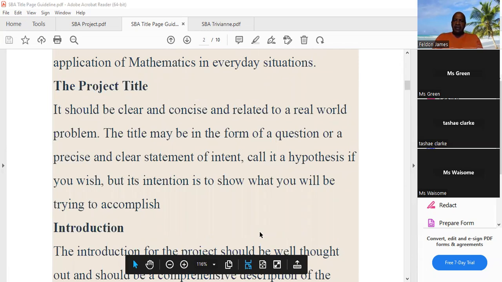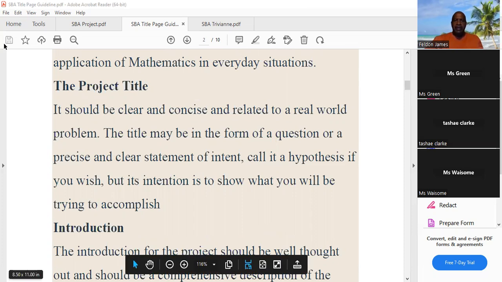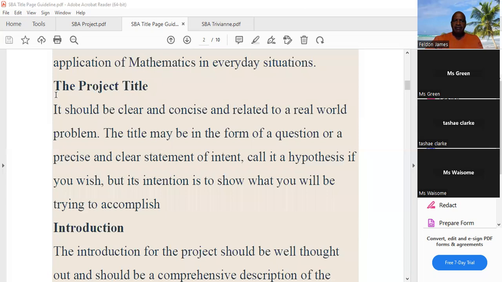in terms of the SBA structure, we will be looking at these headings. Now the SBA must have the following headings. So one, it must have a project title. Right? Now we want to see what it is that a project title should be. All right?